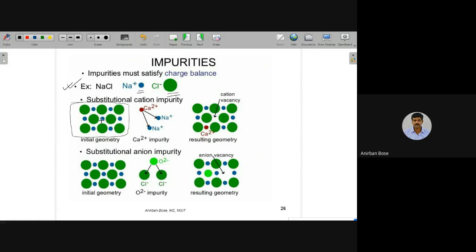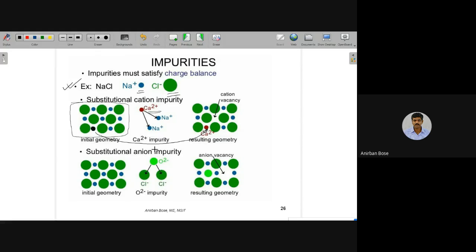Now suppose you substitute one of the sodium by calcium 2+ ion. Okay, so if one of the sodium is substituted by calcium 2+ ion, here you can see one of the blue sodium is substituted by calcium 2+ ion.